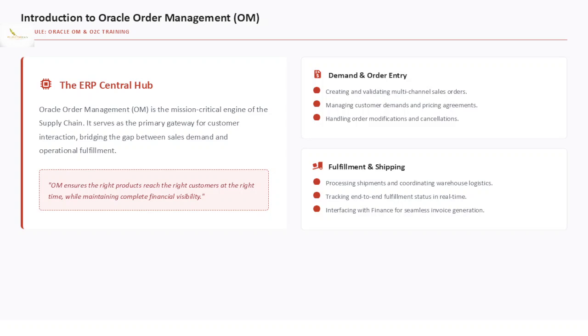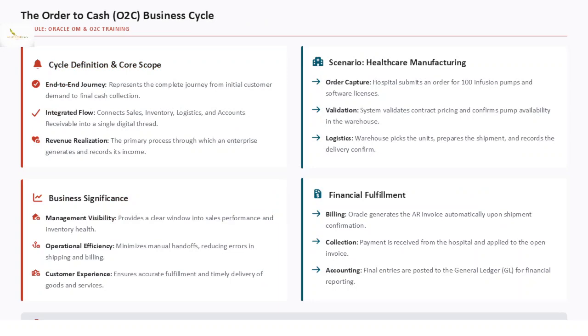Now that we understand Oracle Order Management itself, let us connect it to the complete business cycle called order to cash, because order management is only one part of the entire operational and financial journey. So we need to go into the order to cash business cycle to understand that part very clearly. Now we are on this slide.